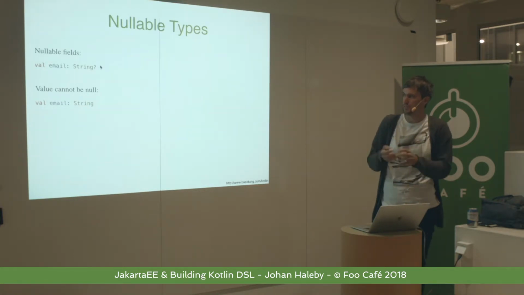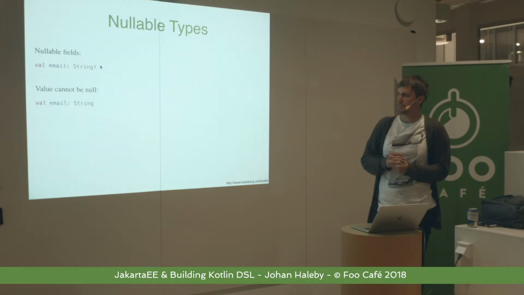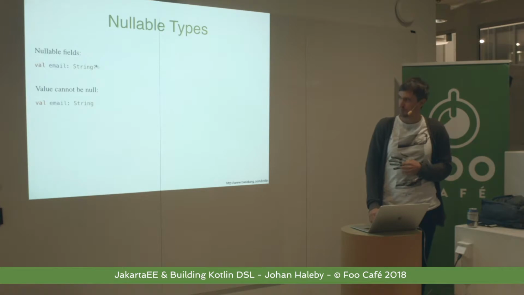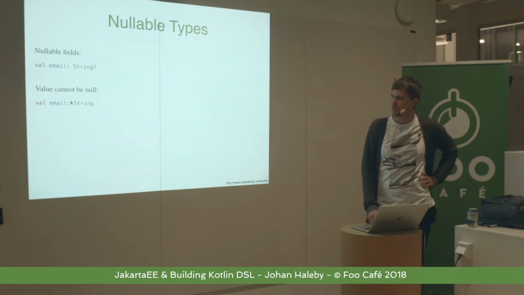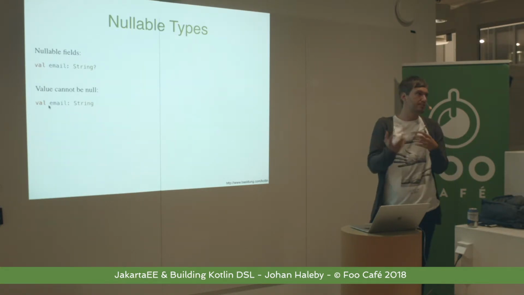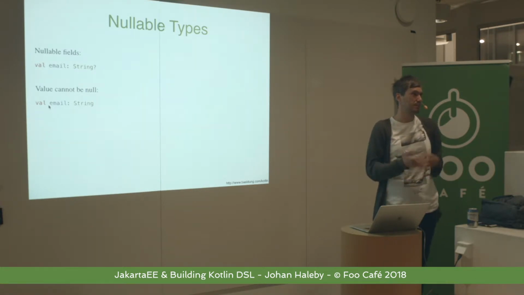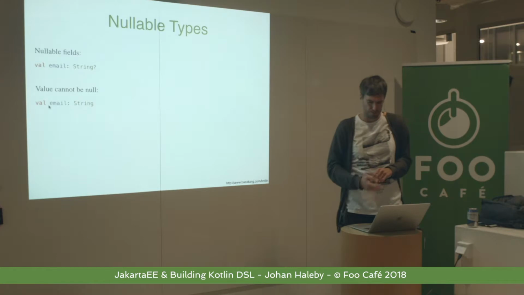But if you're only using Kotlin, this is guaranteed by the compiler, which is really good. You have to handle the null cases. You're forced to do that. And when you reason about the code as well, it's really nice. You know that this is a string. It's not null. You don't have to do null checks all over the place.